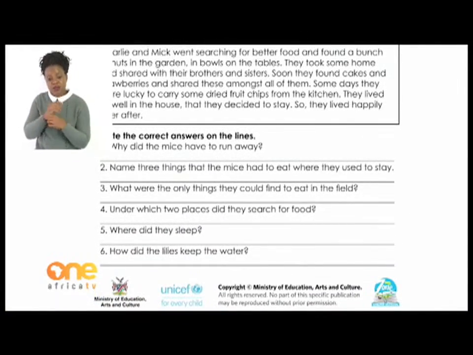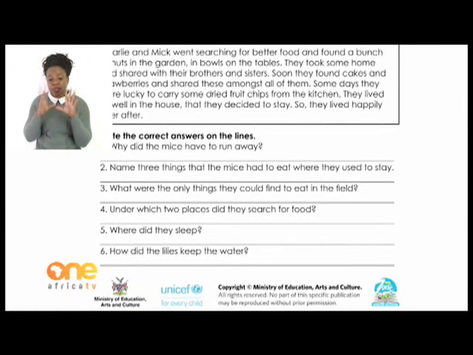Number 1 is saying, why did the mice have to run away? Name 3 things that the mice had to eat where they used to stay. What were the only things they could find to eat in the field? Under which 2 places did they search for food? Where did they sleep?